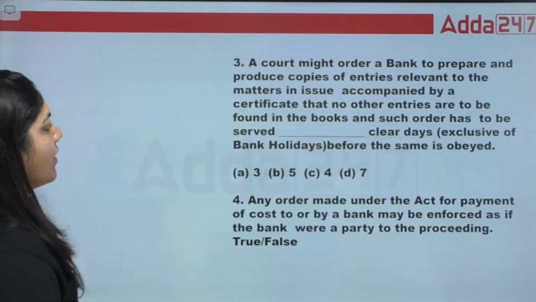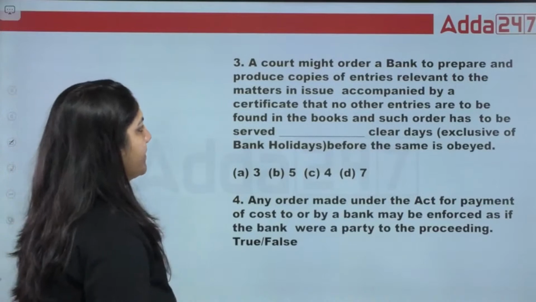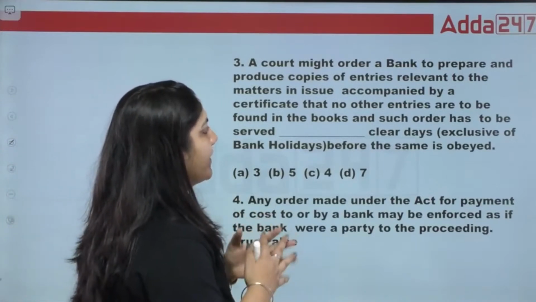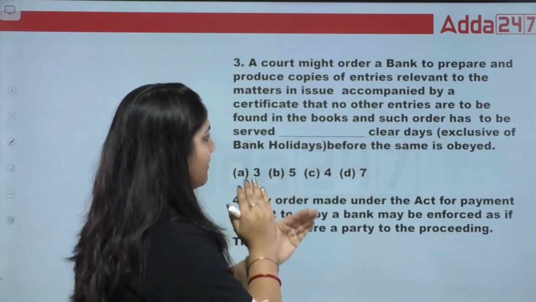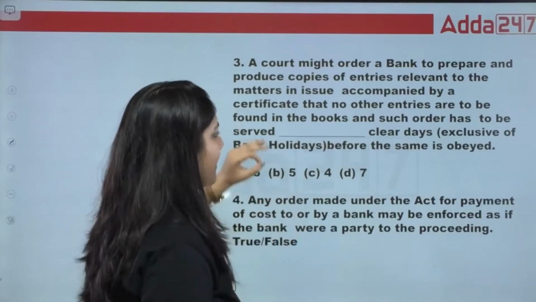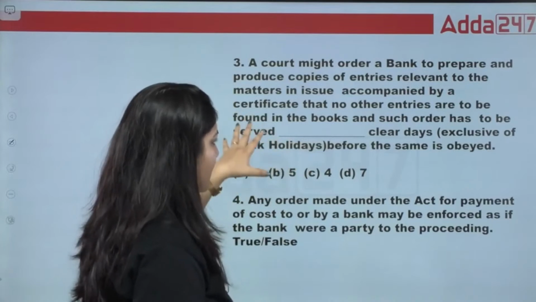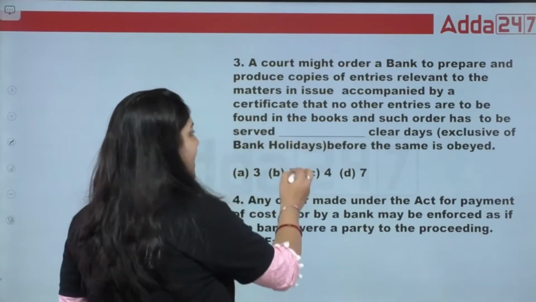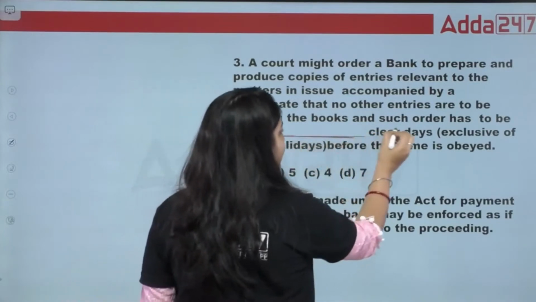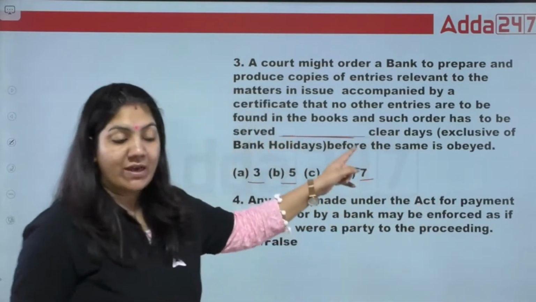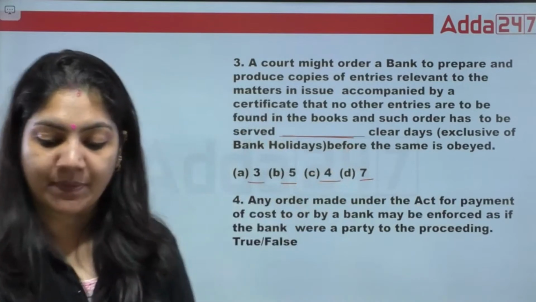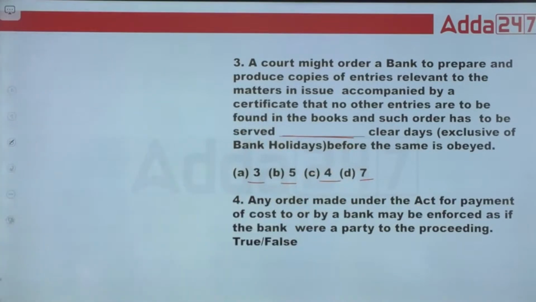A court might order banks to prepare and produce the copy of an entry that is relevant to the matter in issue, accompanied by the certificate that no other entries are to be found in the book, and such order has to be served. How many clear days? 3, 5, 4, 7. We have done this thing in the summary.